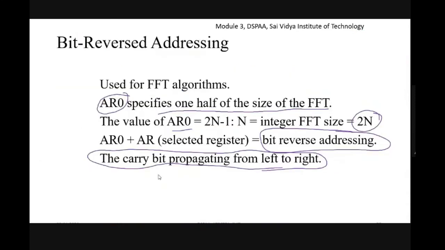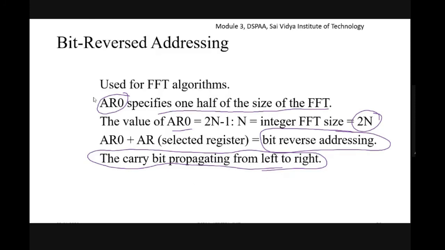We'll continue. Bit reversed addressing mode we were discussing, used for the fast Fourier transform algorithm. AR0 specifies one half of the size of the FFT. So addition or subtraction takes place depending upon the instruction. But the method which is used is reverse carry add operation or reverse carry subtract operation. If it is addition, addition will take place.